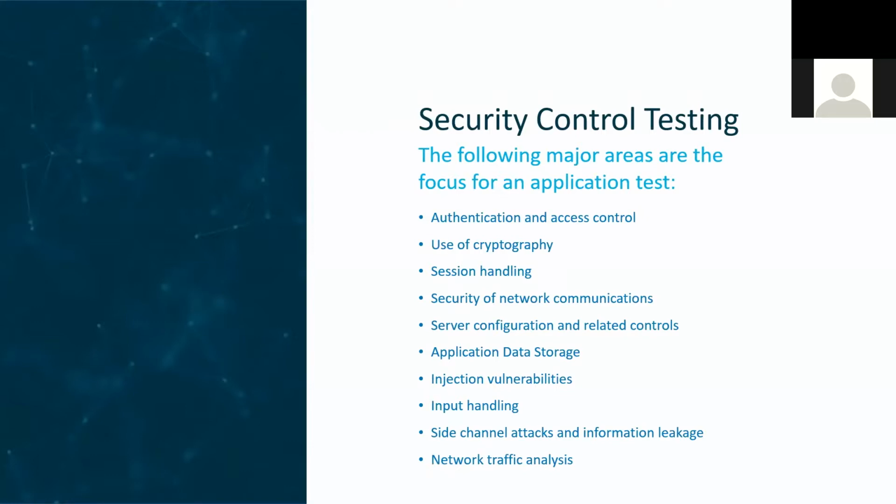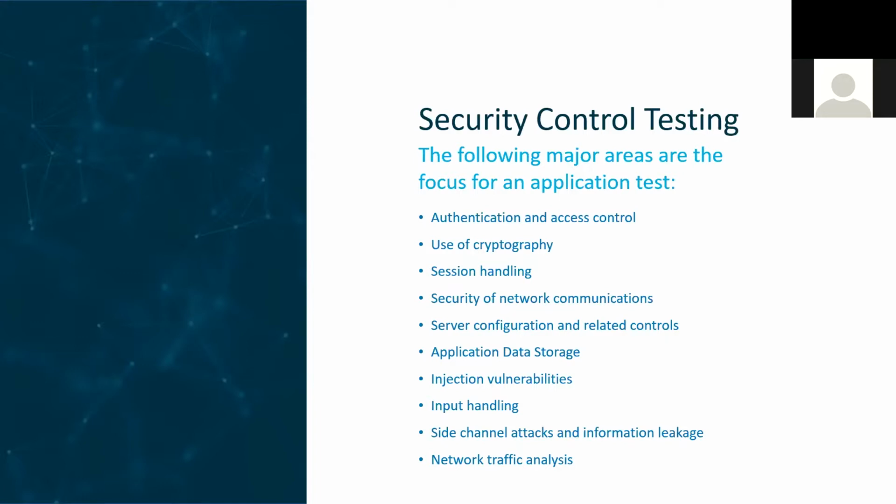Authentication and access control. This is making sure that a user that signs into your online banking doesn't have administrative access or can't somehow get around and see the contents of another user's profile. Use of cryptography. This is making sure that anything in transfers, say actual bank transfers, changing information, all of that information is encrypted en route and protected.